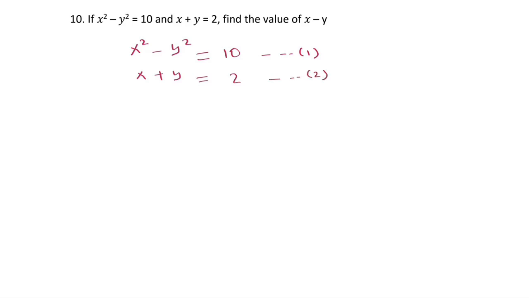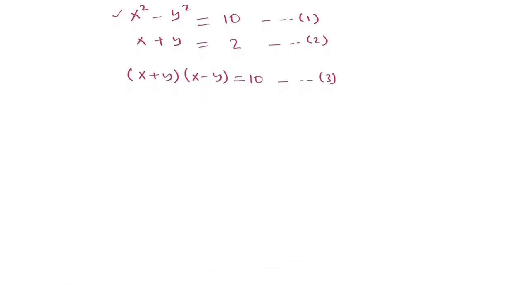Okay, so next we are going to use the difference of two squares concept to factorize equation number 1. So we have (x plus y) times (x minus y) equals 10. We are going to call this equation number 3. Next, we are going to take equation number 3 divided by equation number 2.